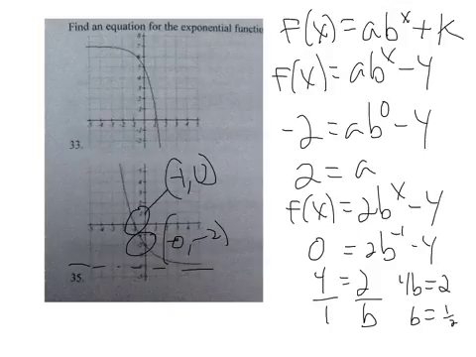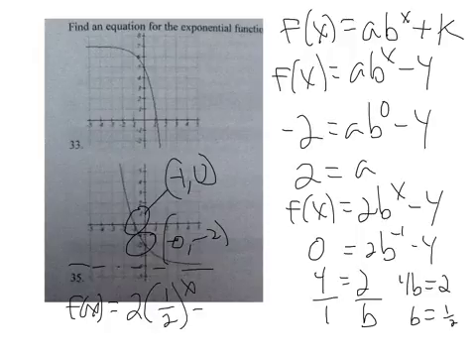So we're thinking this equation is, can I erase that? Nope, looks like that's passed. So y, or f of x, equals, I said a was 2, b is 1/2, so 2 times 1/2 to the x minus 4.